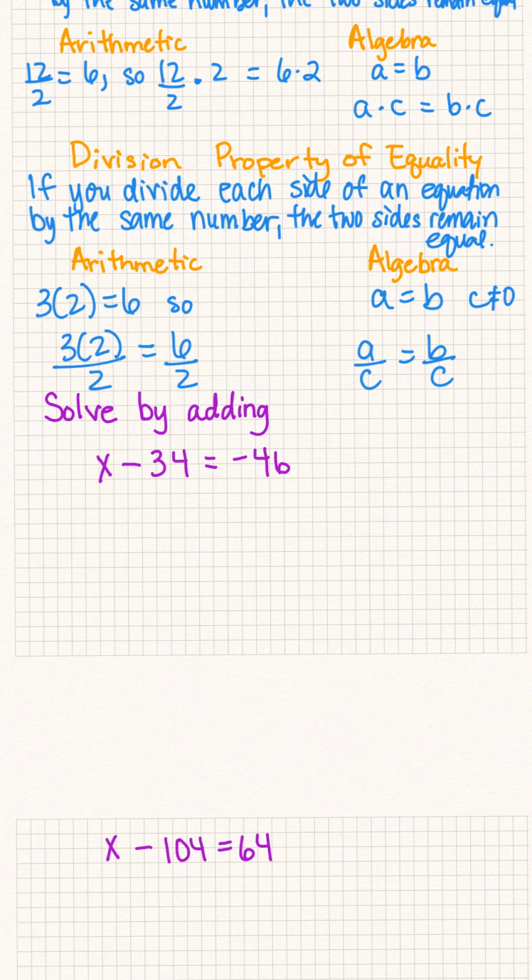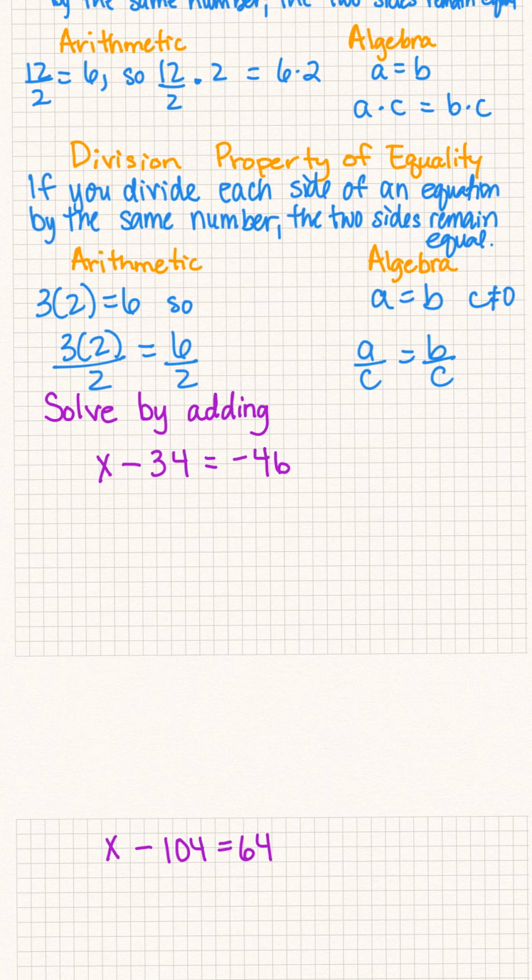Let's look at an example. Solve by adding. We have x minus 34 equals negative 46. The first thing we want to do is use the addition property of equality. Add 34 to each side.